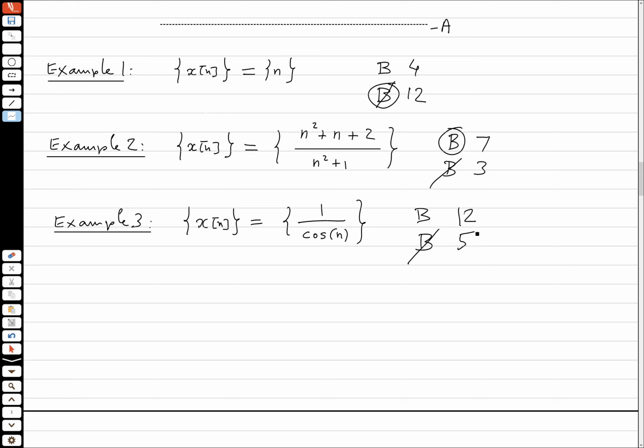You are saying that 1/cosine becomes smaller. Yeah, but it never touches 0. It gets closer. You want to change your vote?